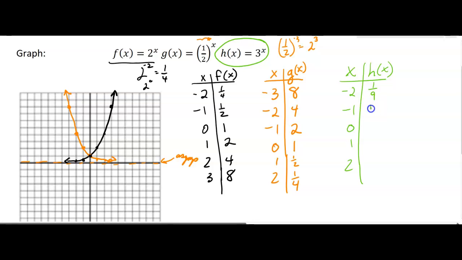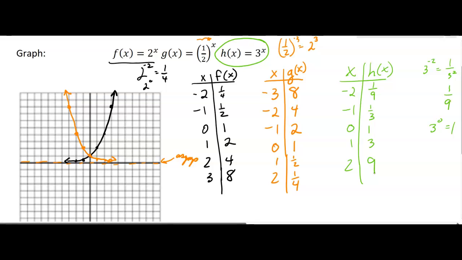If I plug in -1, I'm going to get 1/3. Again, you have to think about the reciprocal and what happens. 3 to the -2 is 1/3 squared. I have a little more room, so I'm writing it out for you so you can see it. But that's where the 1/9 comes from. When we say 3 to the 0 power, again, that's going to equal 1. 3 to the first is 3, and then 3 squared is 9.